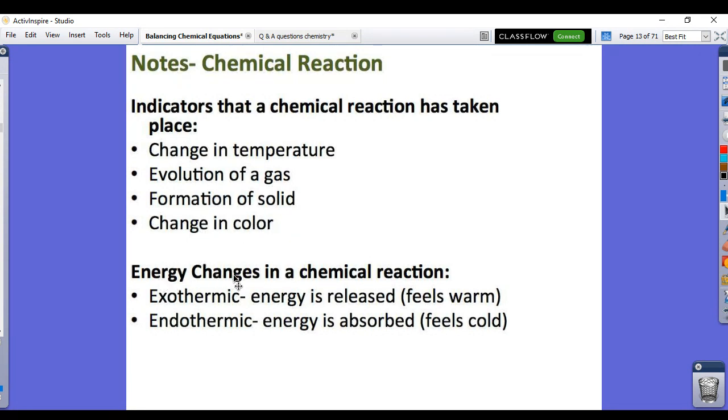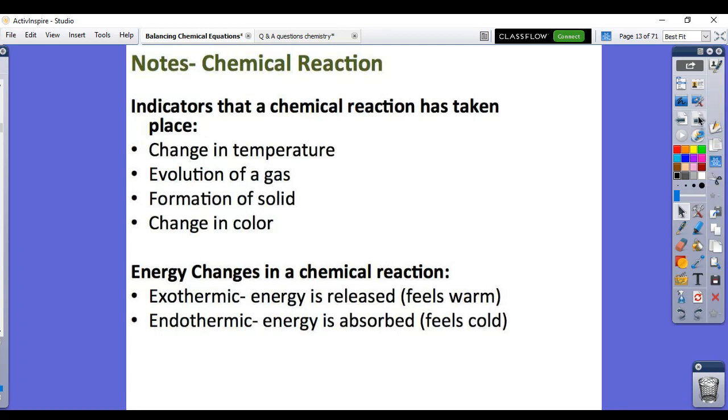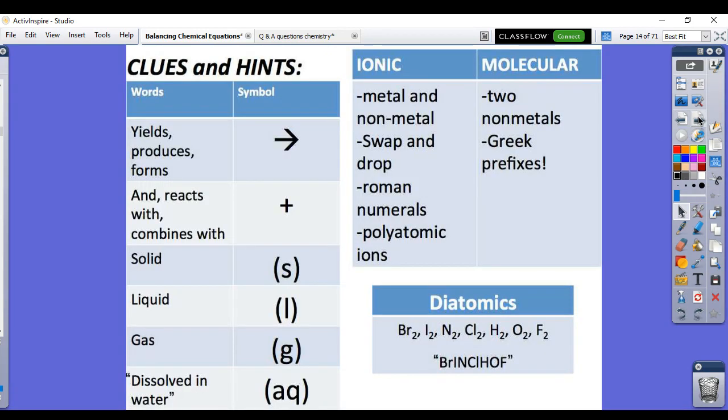Now, energy changes in a chemical reaction can be classified as exothermic, which is energy being released, meaning going out, so the reaction gets warmer, or endothermic, endo meaning going in, which means the energy is being absorbed and it feels cold. We'll talk more about those two types of energy changes a little later in another lesson.